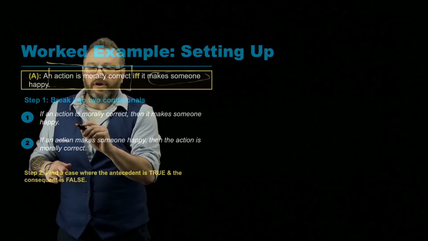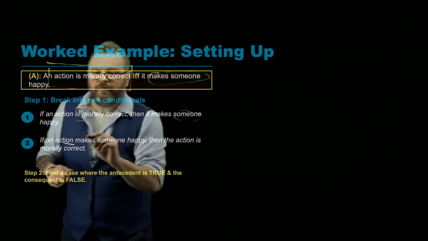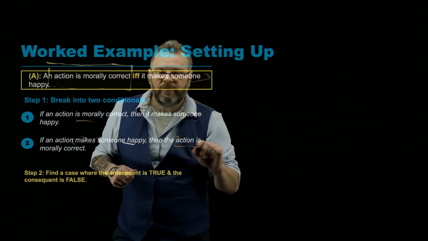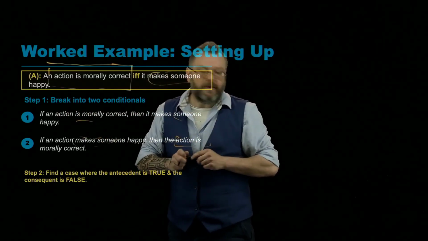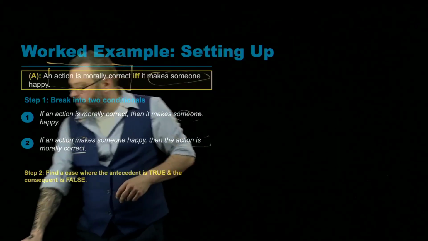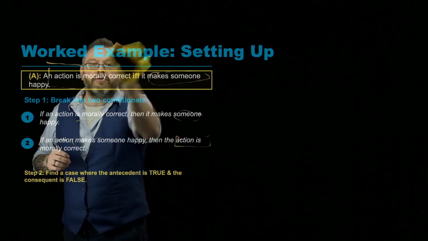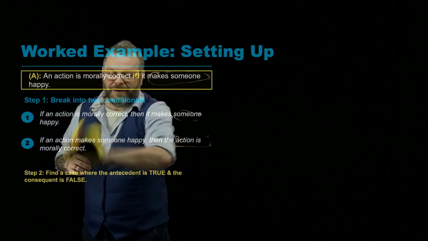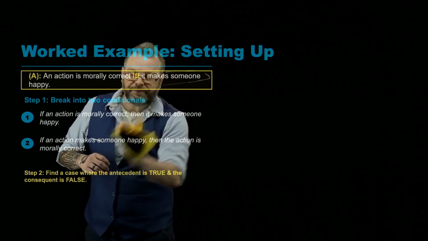So I'm just going to go if box, then circle, and then if circle, then box. If left, then right; if right, then left. That's all there is to it. Don't try to change the form. Don't try to put the if in the middle or get cute with it or anything like that. Just stick with this. So we've got our two if-then statements.